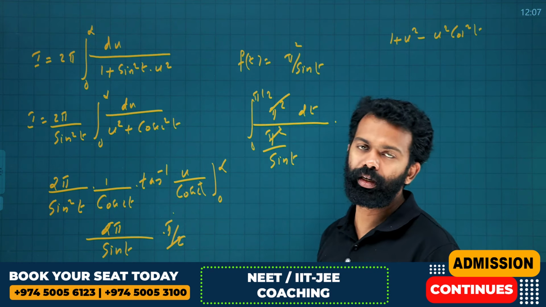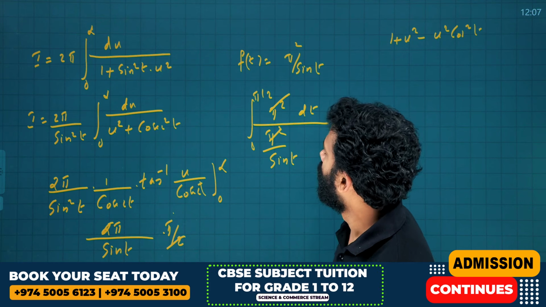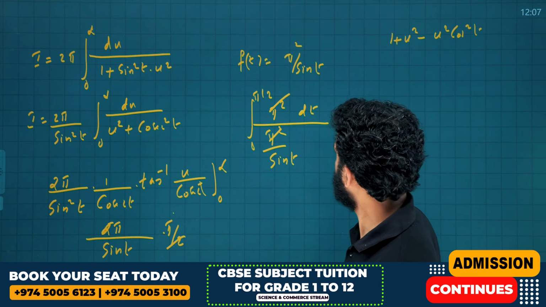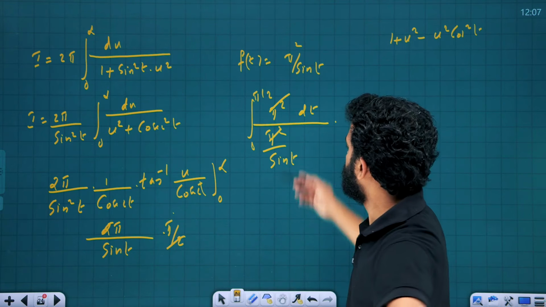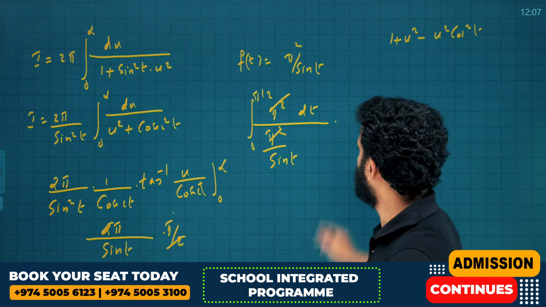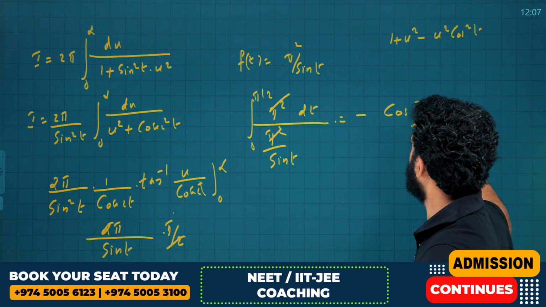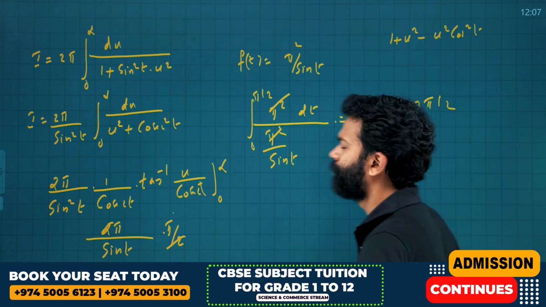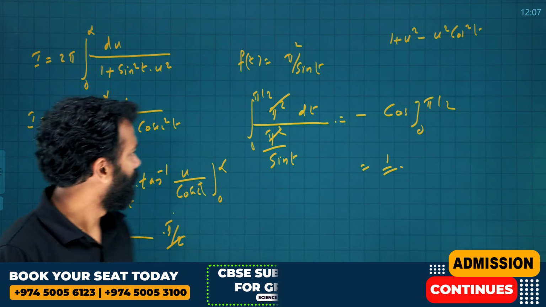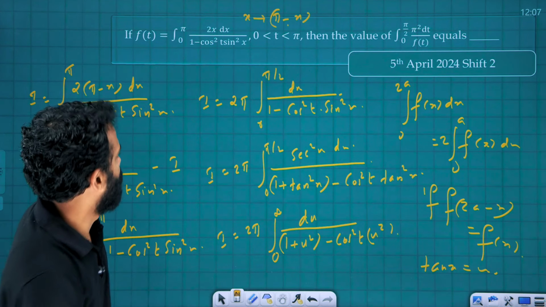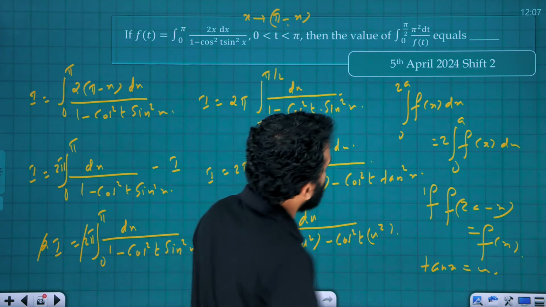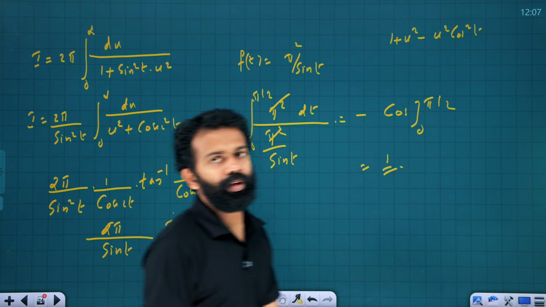It becomes sin t dt. What is the integral of sin? Cos. Therefore it will be minus cos of 0 to pi by 2. That is 1. Done. Very easy one, right? And what is the final answer? 1 is the final answer for this one. Hope you got the idea here. We can move to the next question.